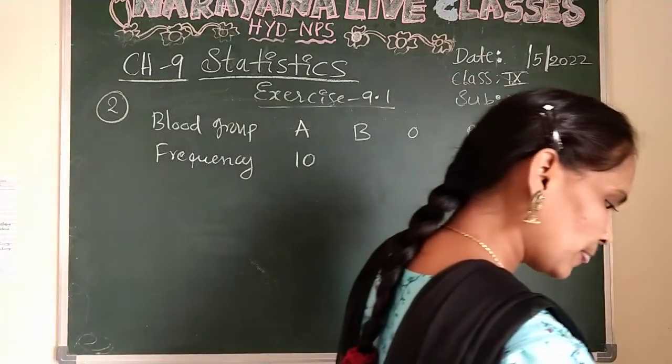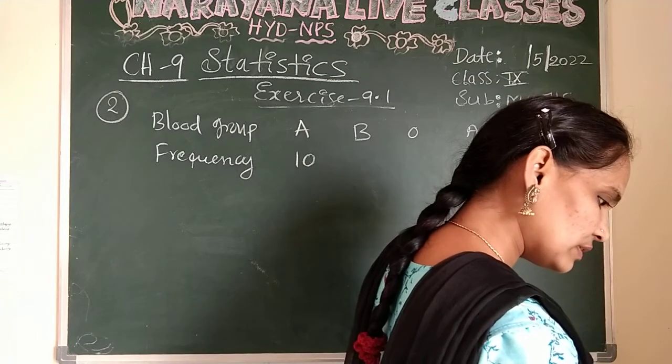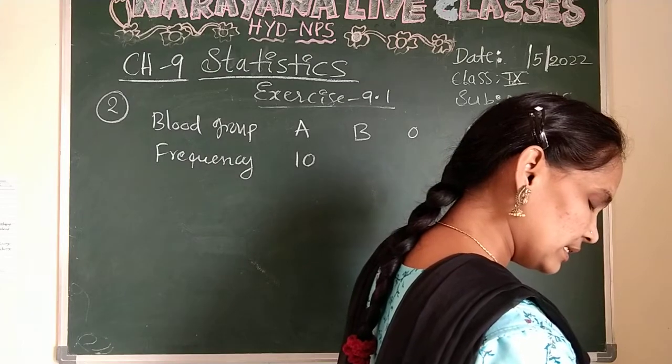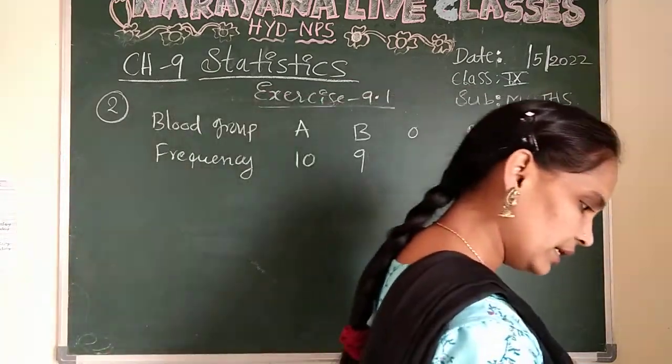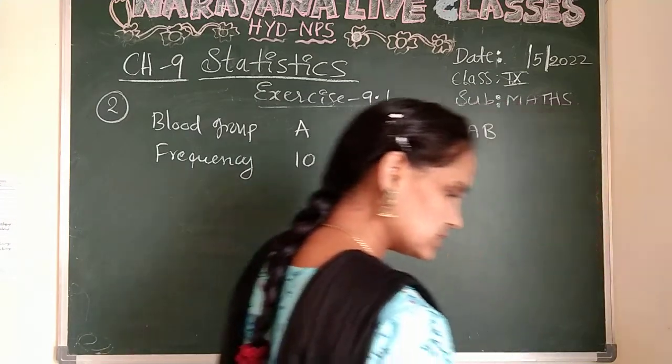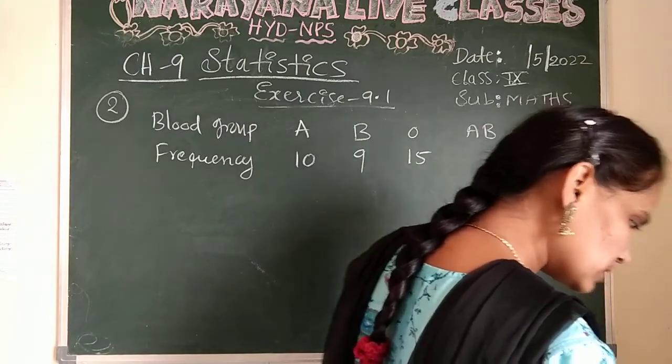B will be 1, 2, 3, 4, 5, 6, 7, 8, 9, 9 times B will be. Next O is repeated 15 times. AB is repeated only 2 times.